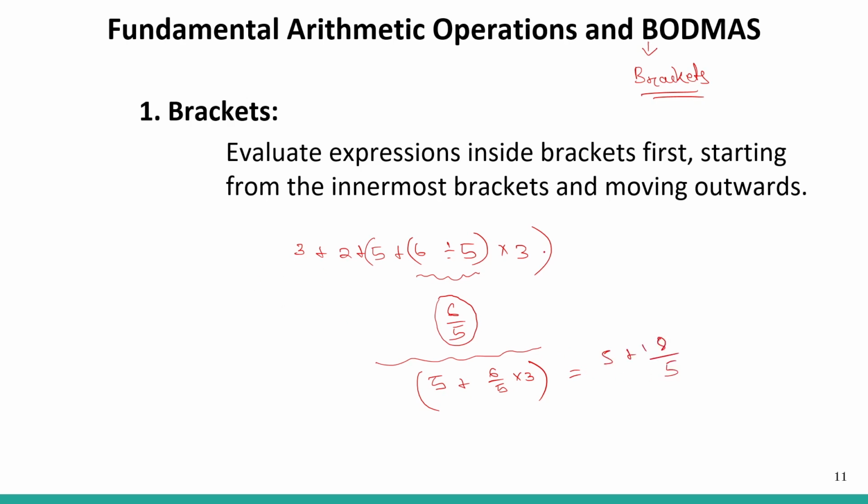Then we add 3 plus 2 plus 5 plus 18 by 5. This is very easy, and now we don't have any confusion because addition doesn't matter in terms of sequence. If you have 3 numbers and there is only addition, it doesn't matter what you add first.